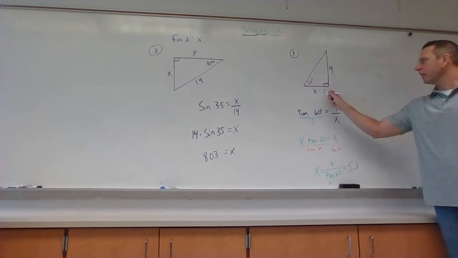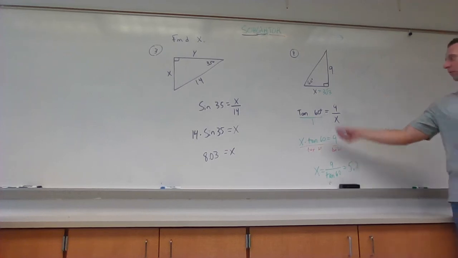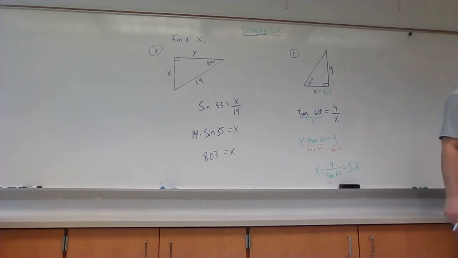That's what this side is, 3 rad 3 from last unit. Could somebody punch it in their calculator so we could have an aha moment? Same thing! 5.19. Okay, so another way to find that missing side.